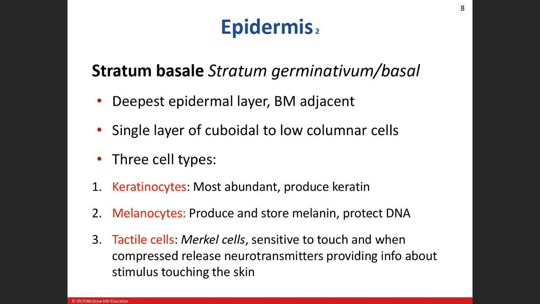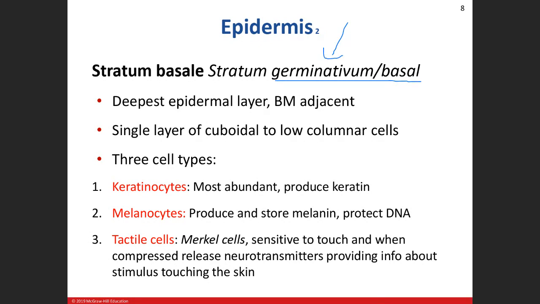So the first layer, the bottommost layer, I've seen this asked on tests. You need to know what it's also called: stratum germinativum and the stratum basale. I don't know really the difference. You spell one with an E, one without. But I've seen it asked a lot for that one.